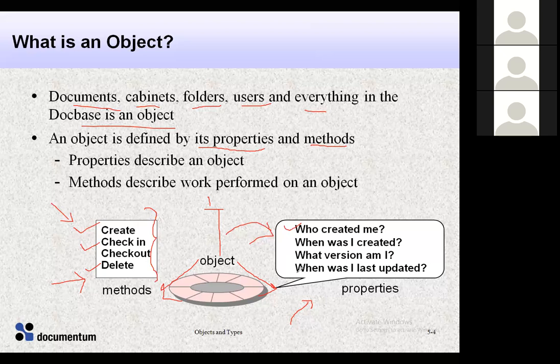If I give you an 11th object having these methods and these properties, you can easily check that it is part of category B, for example.